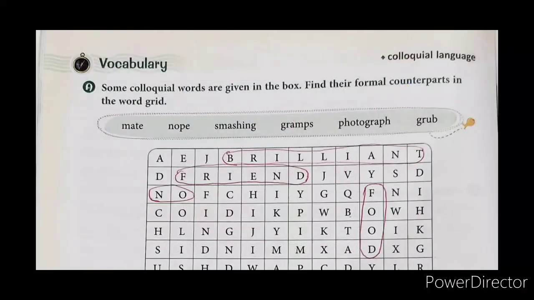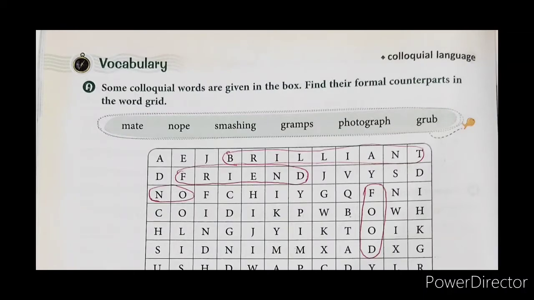Find their formal counterparts in the word grid. So here, inside the box, they have highlighted some colloquial words. You have to say the meaning for those words.